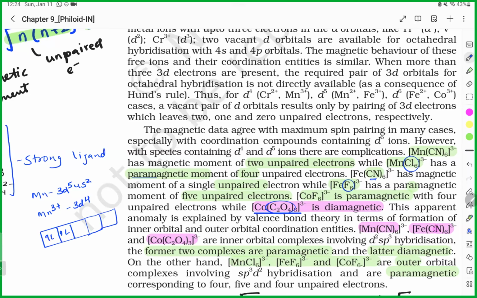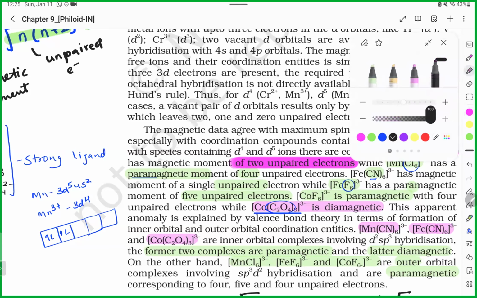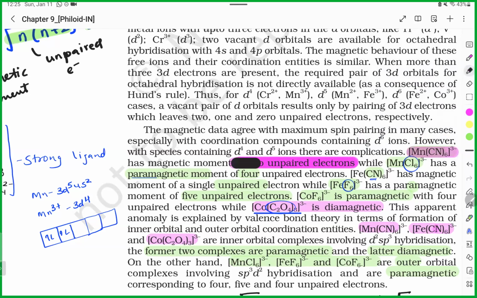Correct. So what is written here? Mn CN6 has a magnetic moment of 2 unpaired electrons is wrong because there is no unpaired electron. There is no unpaired electron, so this is wrong.